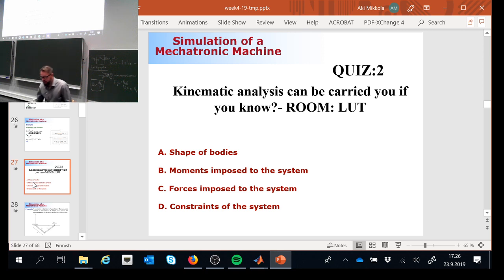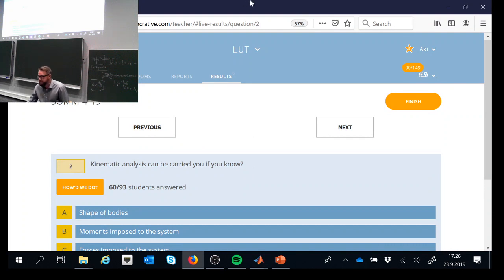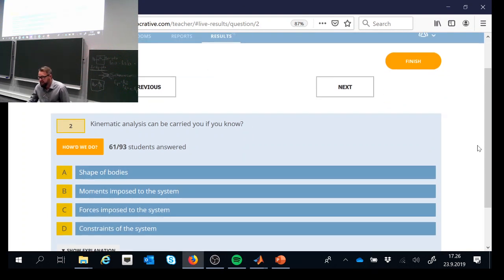Let's take a look at how the Socrative looks. So we have 60 answers already, and I think we need some more to close this case. Last time we got, what was the number last time? 81. So soon we're going to be at 81.